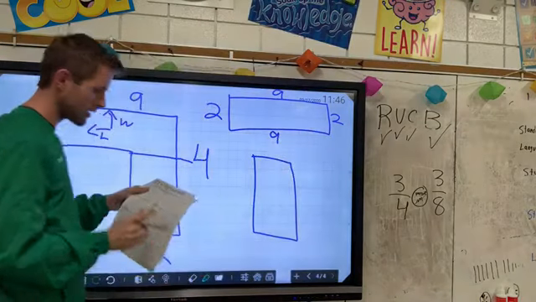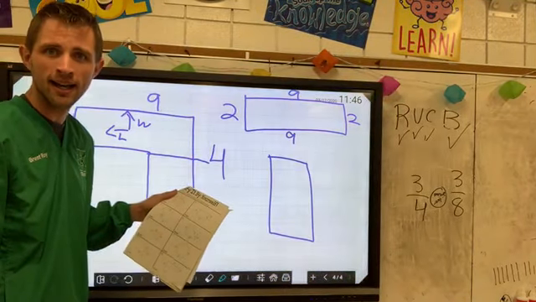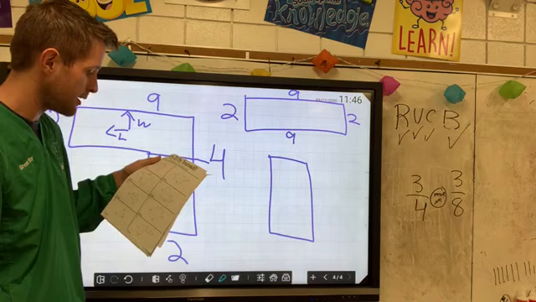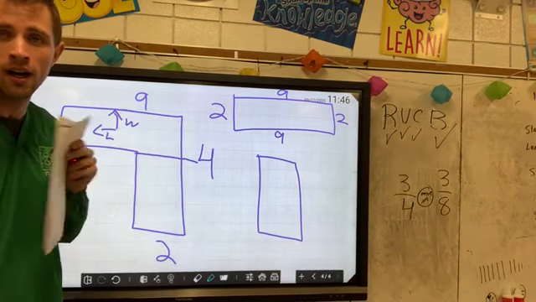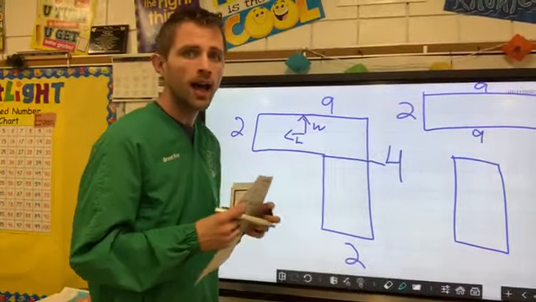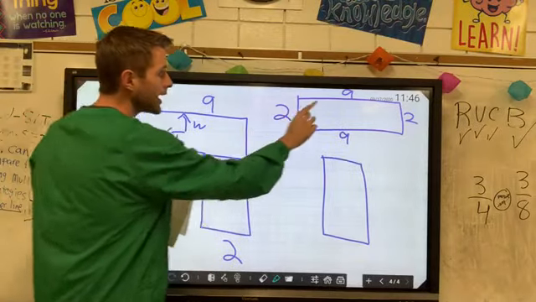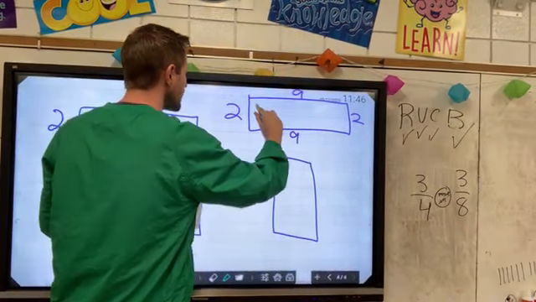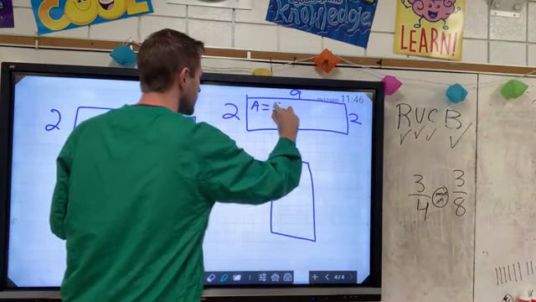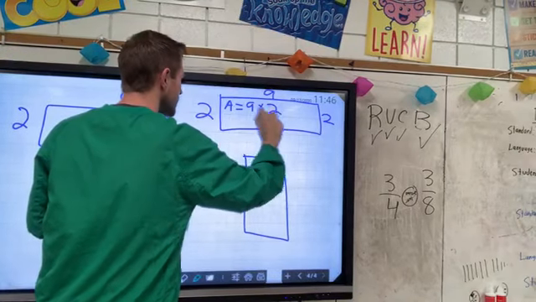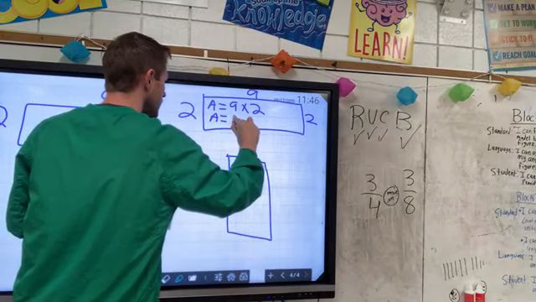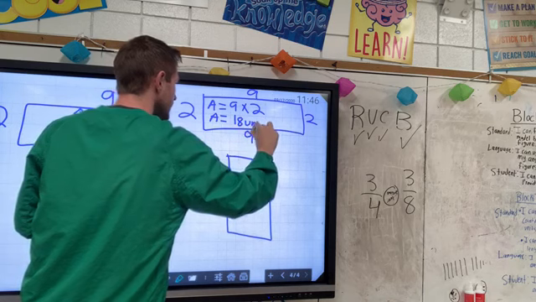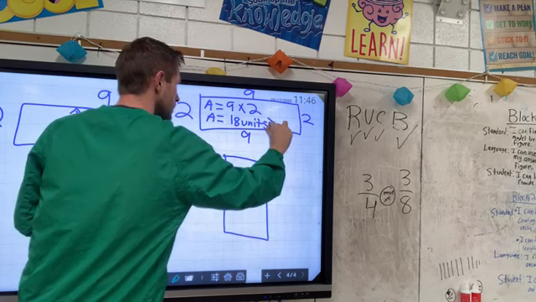And we're just going to go ahead and call these just units. Okay, guys? Since it doesn't give you centimeters or inches or anything like that, we'll just go ahead and call them units, okay? So I can go ahead and find the area of this. Area is length times width. Area equals 9 times 2. Area is going to equal 18 units squared.